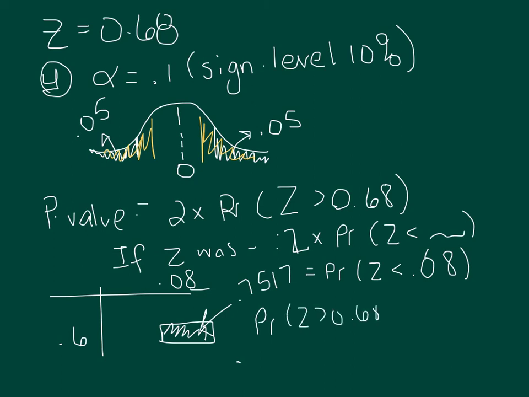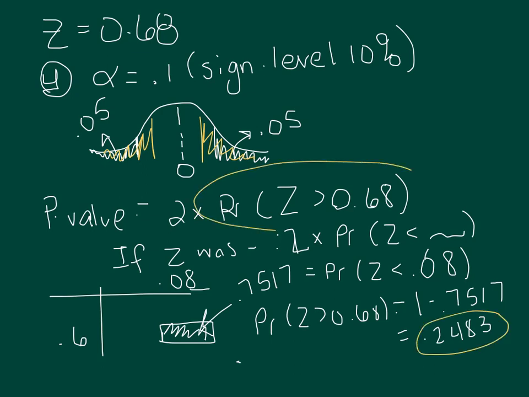We do 1 minus 0.7517, so we get 0.2483. That's the part we'll use in our formula. We'll plug it in here to get our p-value. We don't even have our p-value yet because you have to do that 2 times stuff.